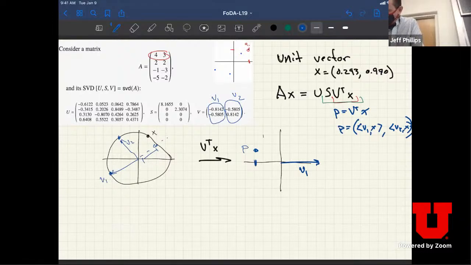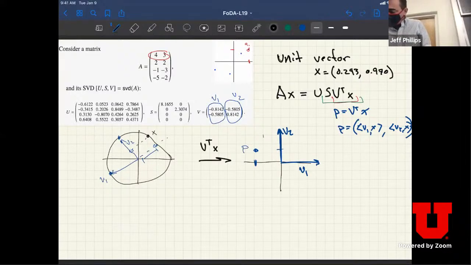So it ends up being about right where P is. The length of this second projection is the Y direction here, and I get this point P with these new coordinates. P is the output.